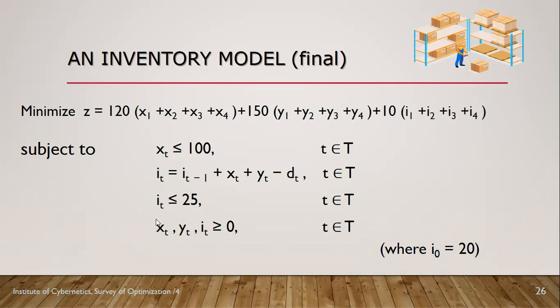Refer to it again. The inventory level cannot exceed 25 units according to the input information. And the last constraint refers to the non-negativity of the decision variables. Remember that the initial inventory level of 20 units is a fixed parameter. It is given.